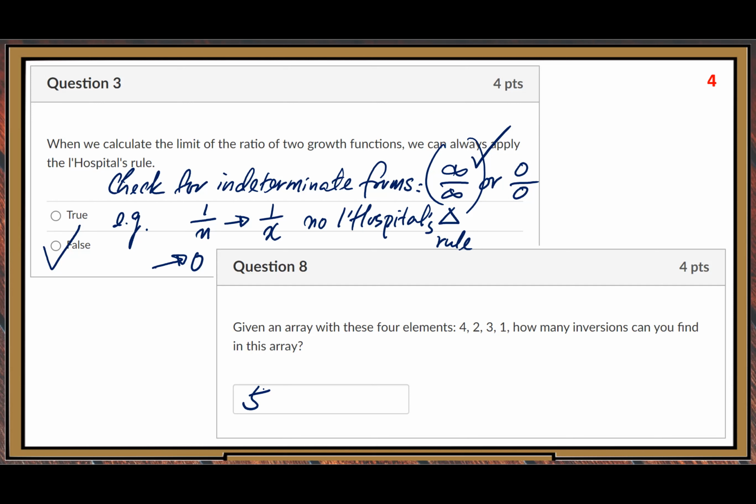If you select pairs by observation, you may miss some of the pairs. You may not be able to exhaust all the pairs. So the question is, how to exhaust all the pairs? You need to find a systematic way to get all the pairs.